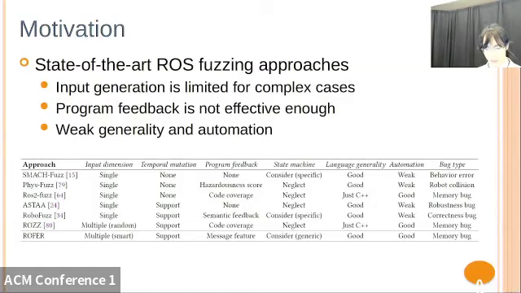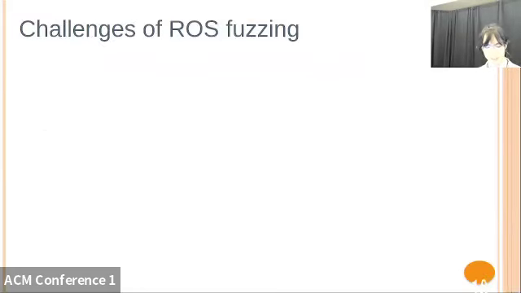Second, these approaches have no program feedback, or their feedback cannot generally reflect the state machine transitions. Finally, these approaches have weak generality and automation in testing different kinds of ROS programs. For example, they require manual work of writing ad hoc robot specifications.